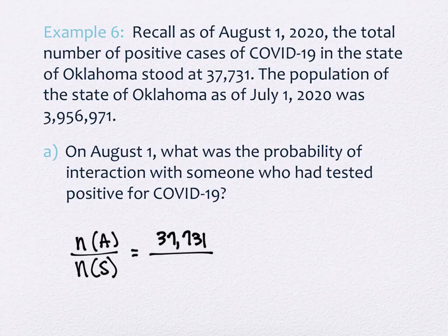Our number in our sample space is our population, the number of people that lived at that point in the state of Oklahoma, so that's 3,956,971. And we can divide these. In fact, we're going to be working some more with division where we report things back in terms of decimals. So go ahead and grab your calculator and let's report this to 4 decimals, because that's a convenient place for us to stop. So let's write down 4 decimals worth for our answer here.